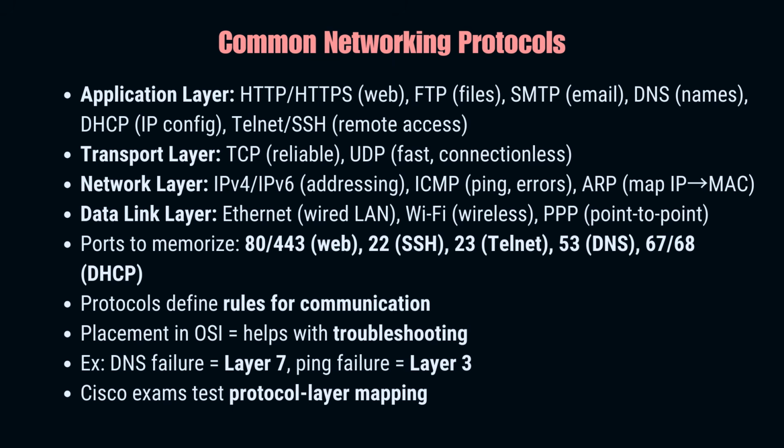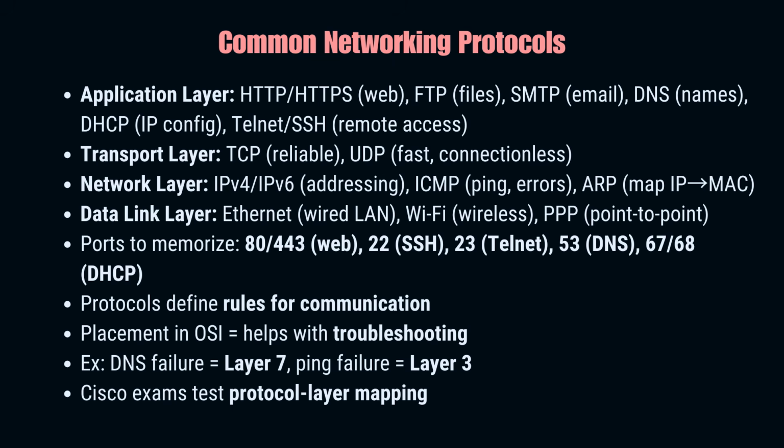Transport layer protocols feature TCP for reliable connection-oriented communication and UDP for fast connectionless transmission. Network layer protocols encompass IPv4 and IPv6 for addressing and routing, ICMP for error messages and ping functionality, and ARP for mapping IP addresses to MAC addresses.